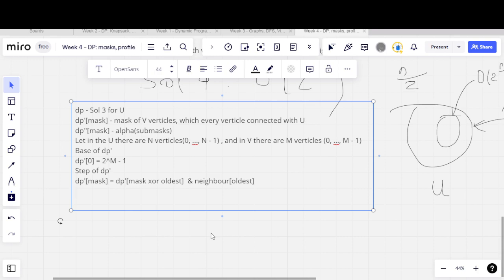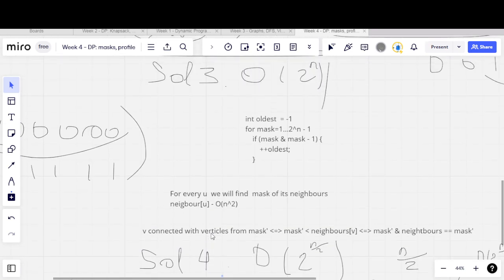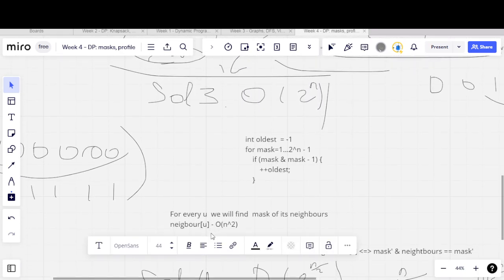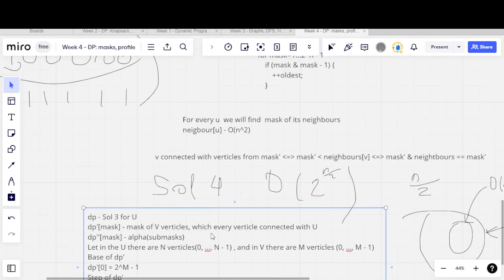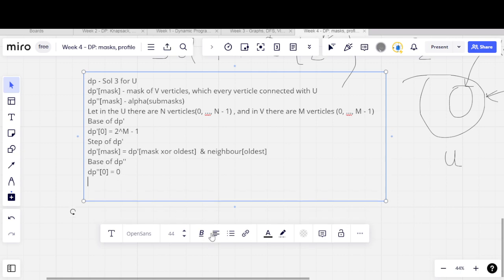So what is the base of the pair 2 strich? We consider null, and we want to get submask, maximum submask. If we haven't any graph, we haven't verticals, and we get null.